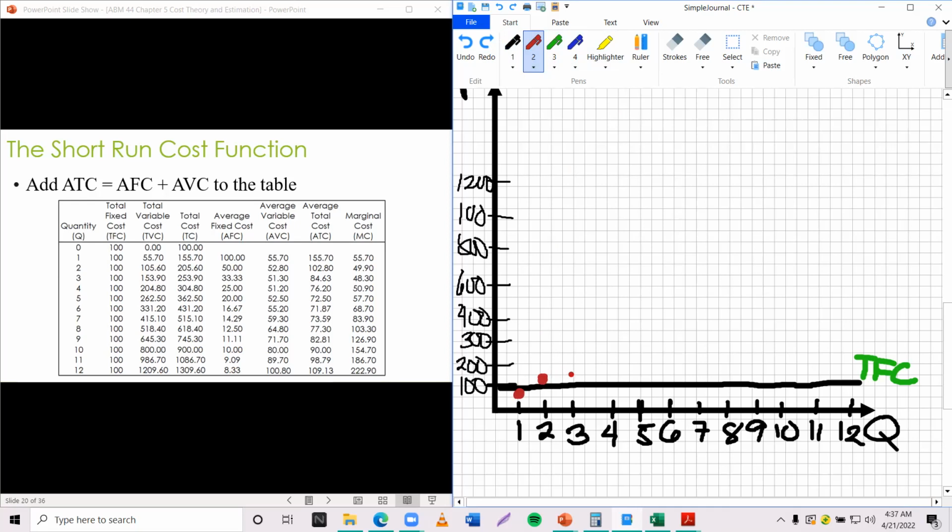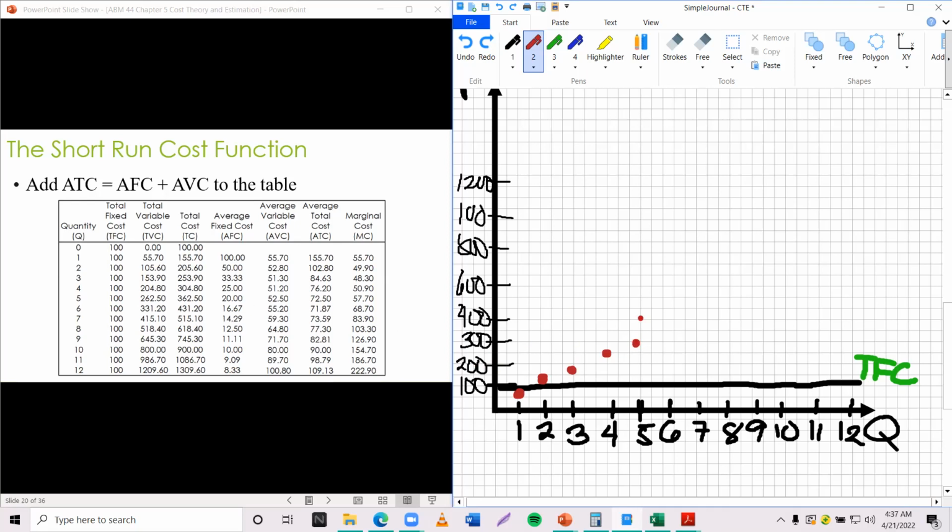At 3, it is 153. So it did not increase much. Next is 204. So it is gradually increasing. At 5, okay, it is actually something like this. Number 5 would be 262, so almost 300. So we'll plot it somewhere over here.